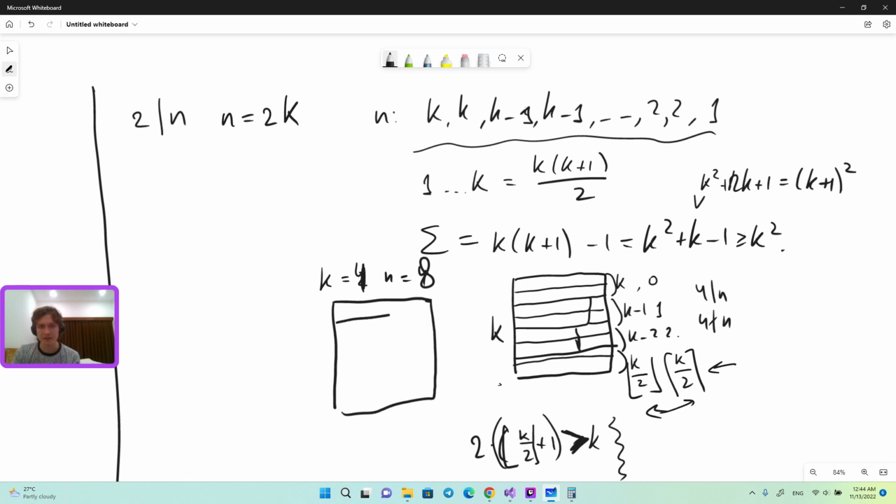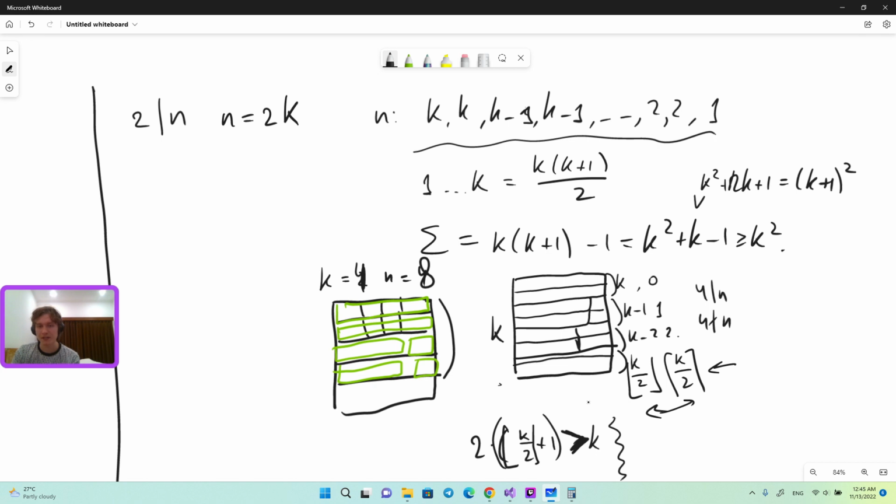So I get these two lines, then I get these two lines, and this is just enough.